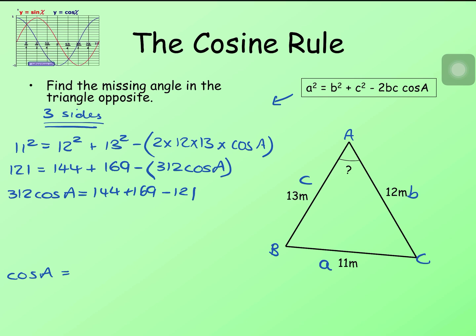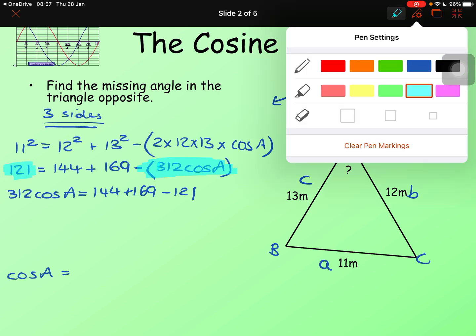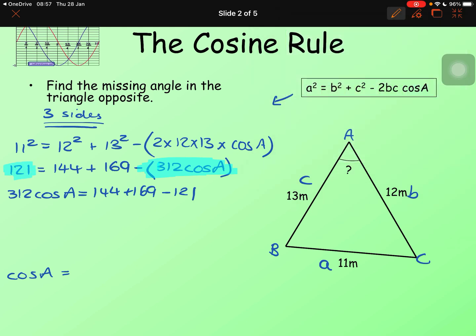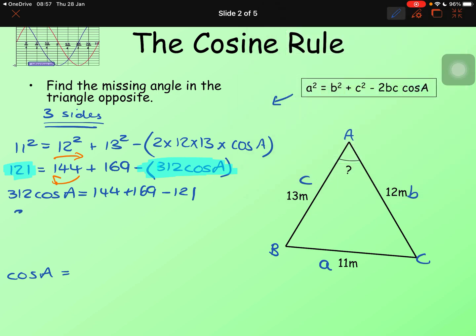So all I have done is taken my minus 312 cos A and my 121 and moved them over. Now I can work out the bits that I've got. So I'll have 312 cos A equals 144 plus 169, subtract 121, gives me 192.